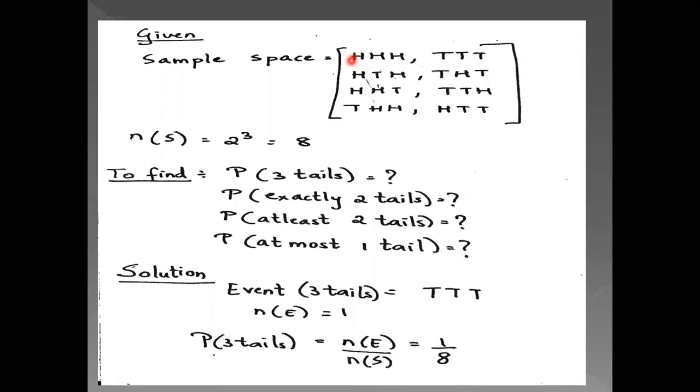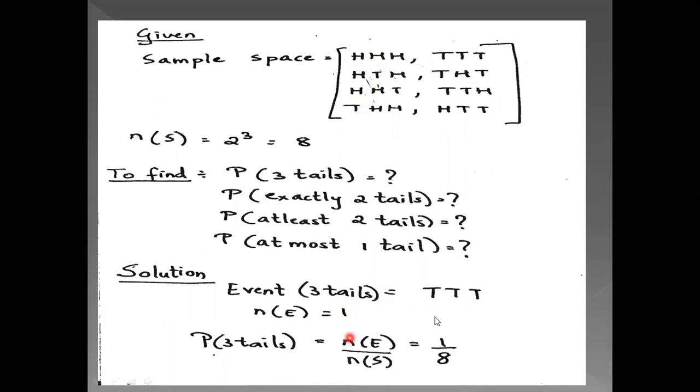Suppose you flip the first one to T, keep the other two the same. Then flip the next H, and then the third one. So one at a time you flip, and you will get all 8 possibilities. So there is only one possibility for 3 tails.